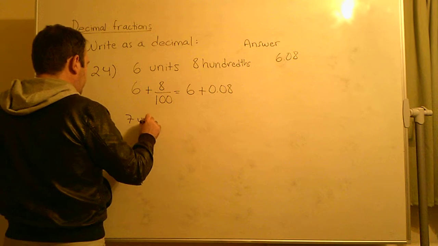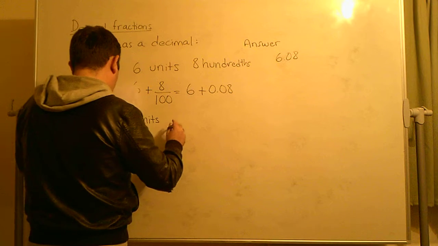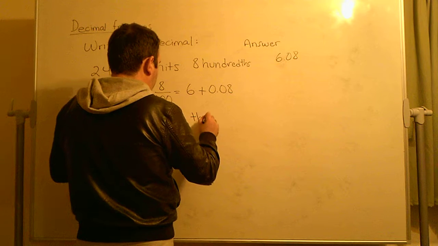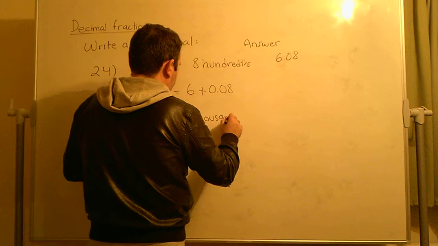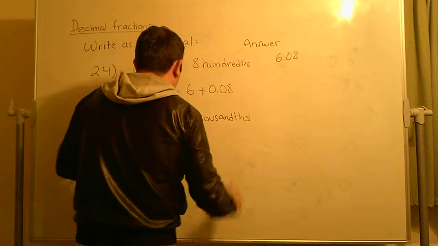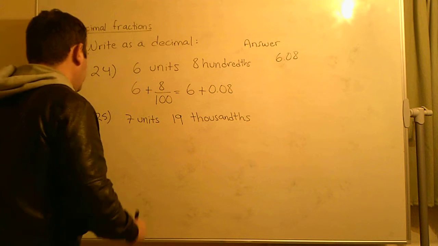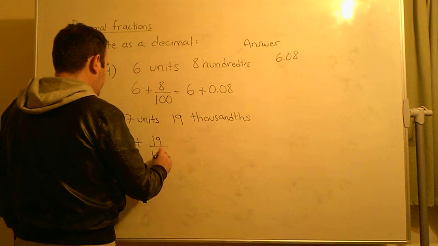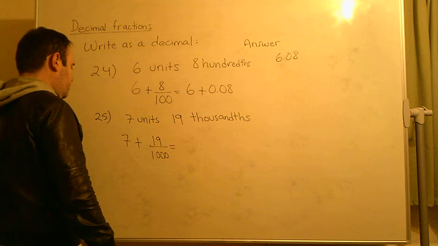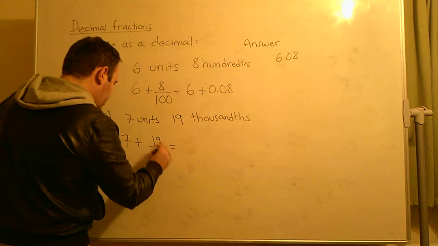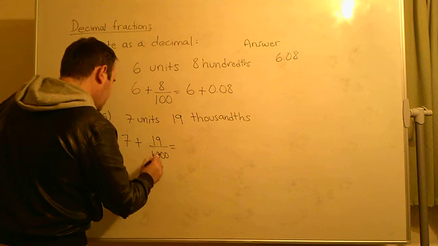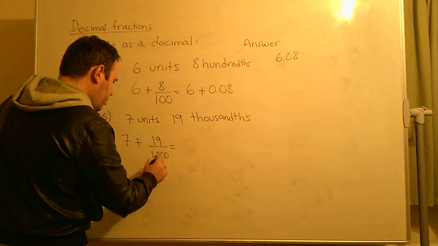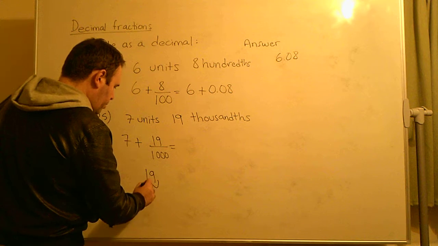Seven units, 19 thousandths. So this will be 7 plus 19 divided by 1000. So we know that 19 thousandths would be 19, and then we need to move the decimal point to the left how many places? 3, because we have 3 zeros, yeah? 1, 2, 3.